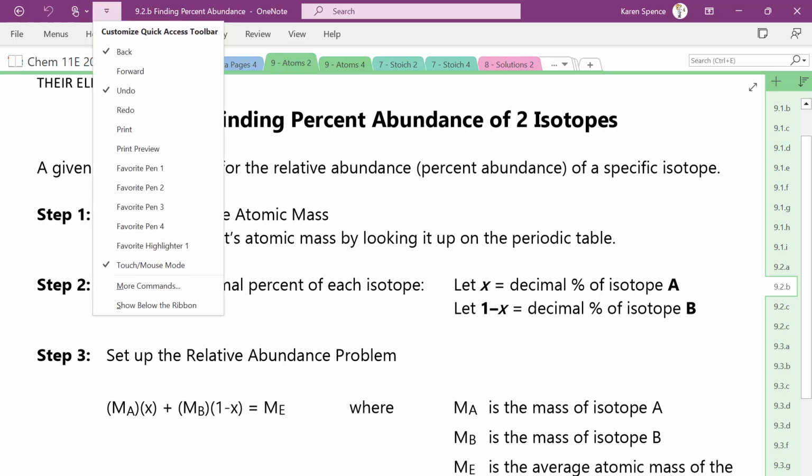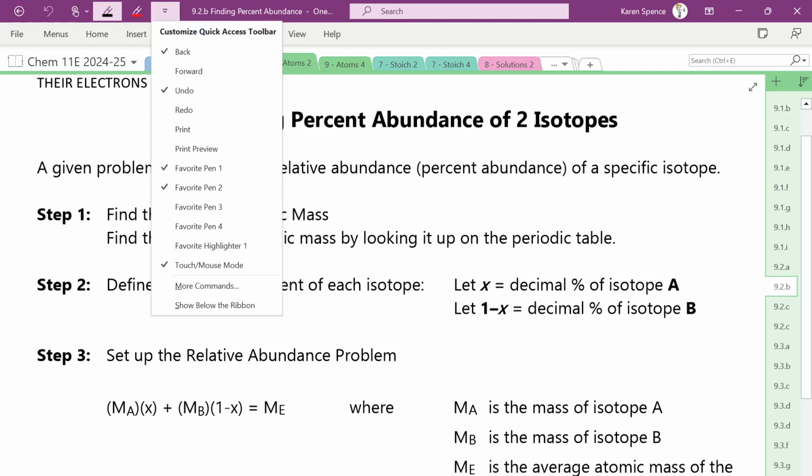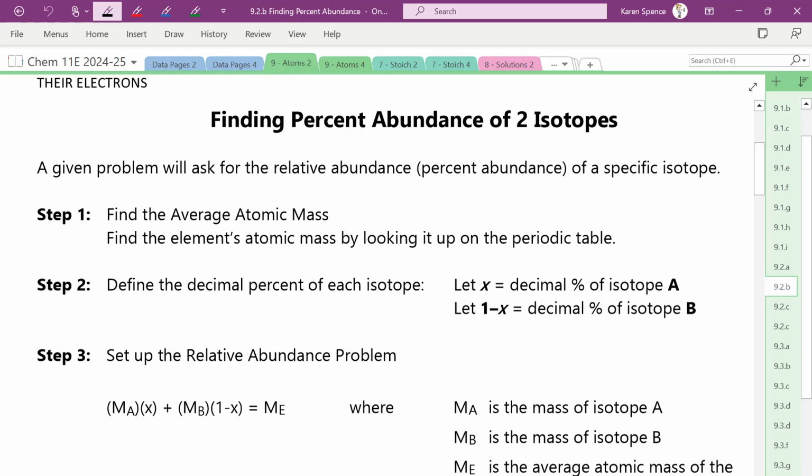So instead of asking you for the average atomic mass, it will say, what is the percent abundance of this isotope and what is the percent abundance of that isotope? Are we okay with the term percent abundance? Percent abundance just means what percentage is isotope A and what percentage is isotope B.